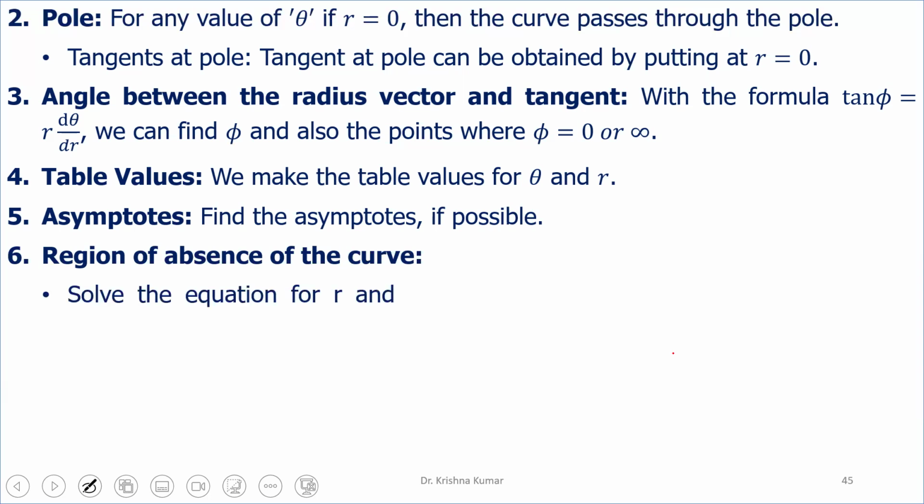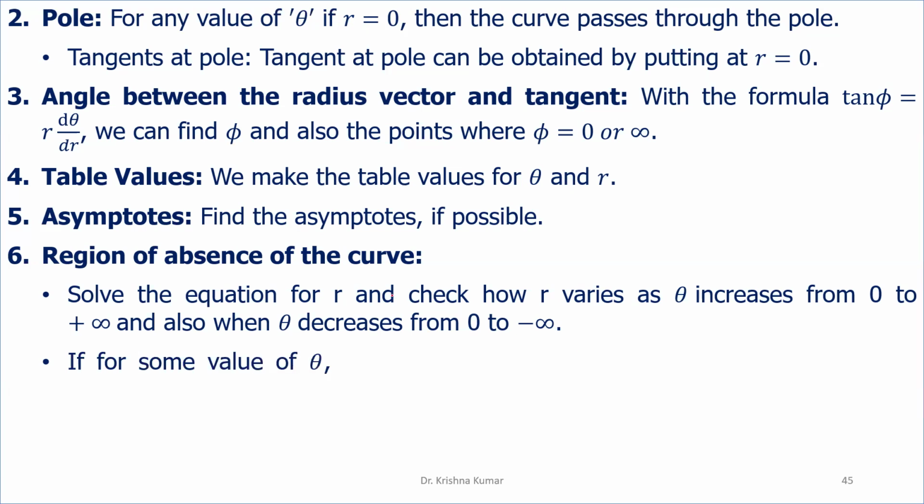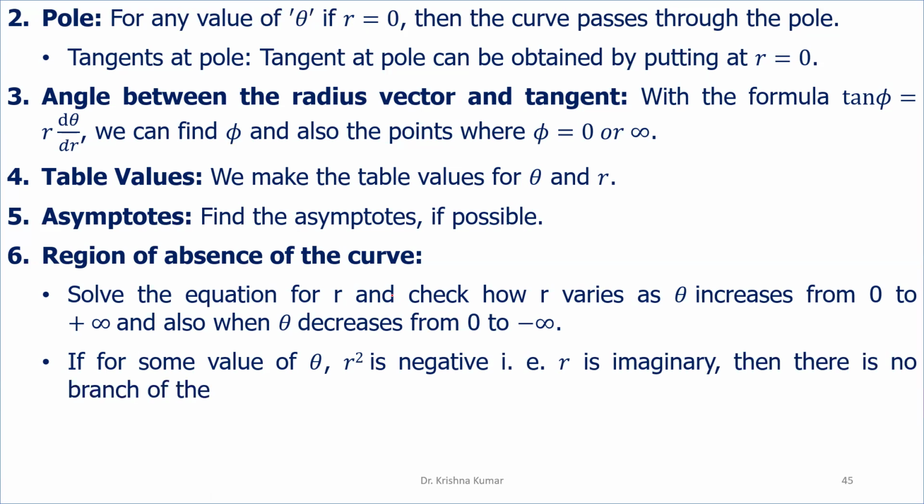Solve the equation for r and check how r varies as theta increases from 0 to plus infinity, and also when theta decreases from 0 to minus infinity. If for some values of theta r square is negative, that is, r is imaginary, then no branch of the curve exists for those values of theta.